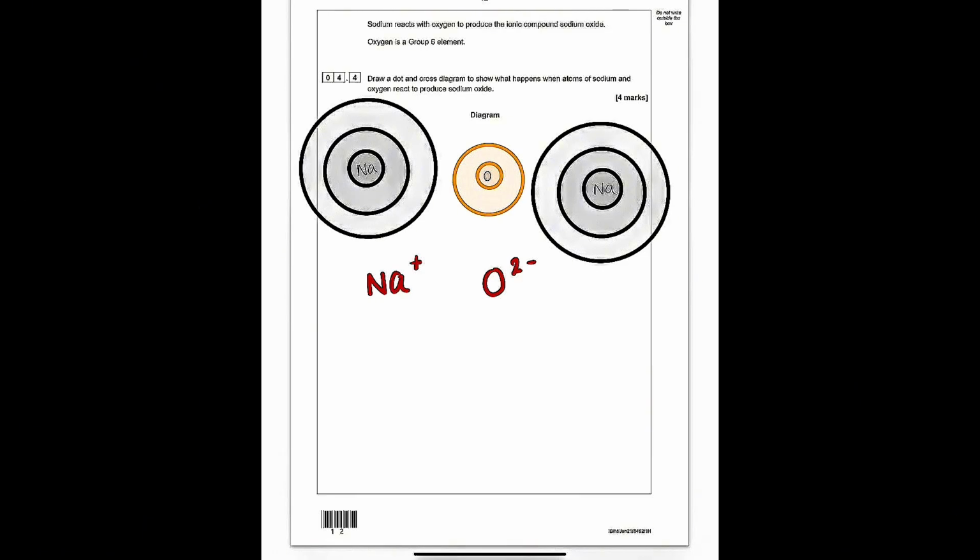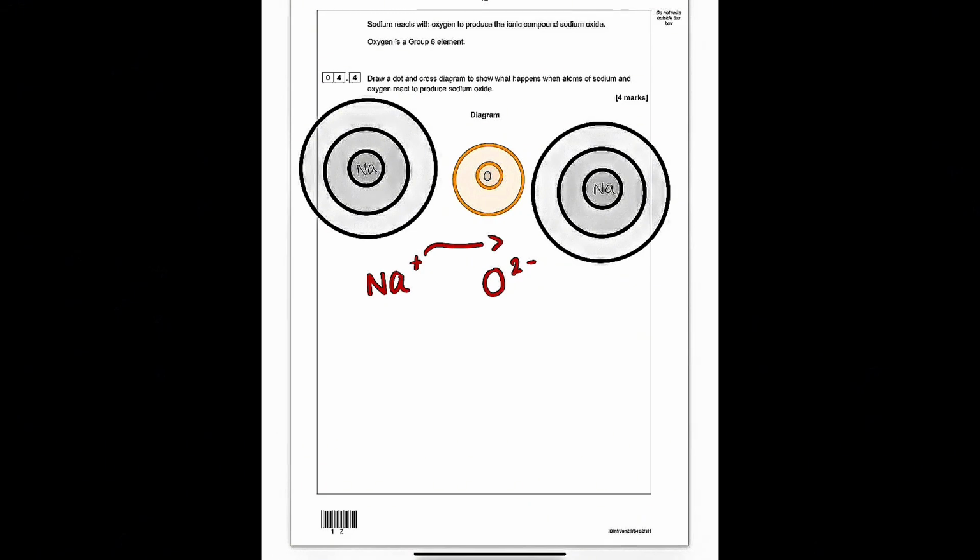So we just need to work out the formula of sodium oxide, and we're going to use the charges to work out the formula. Now, I have a really easy method on how to do this. You may have been taught it a bit different in school, but I have an easier way of understanding this. All I do is I just swap the numbers around. So that plus over there, which is near sodium, is going to be +1.